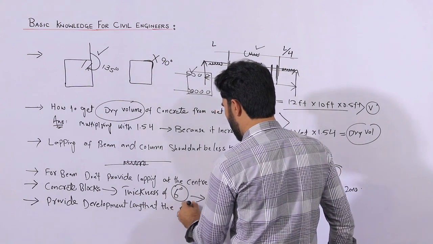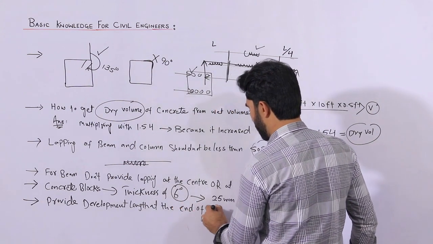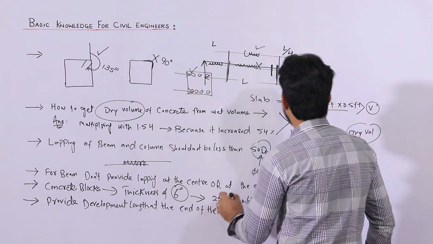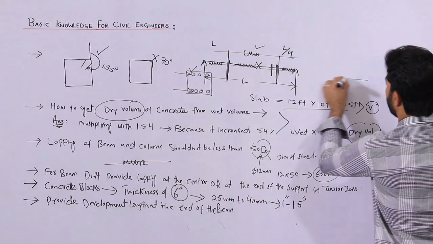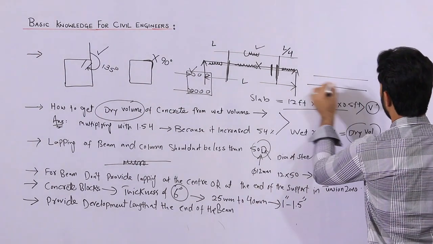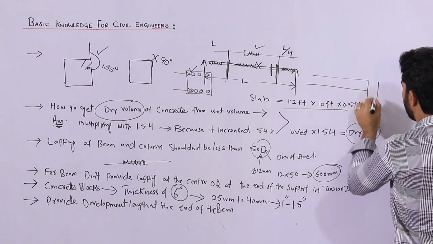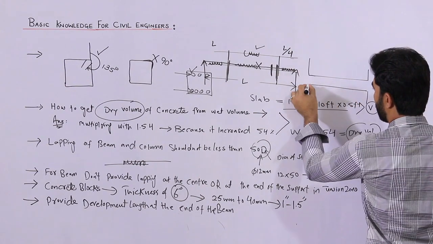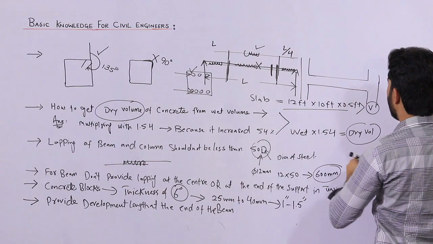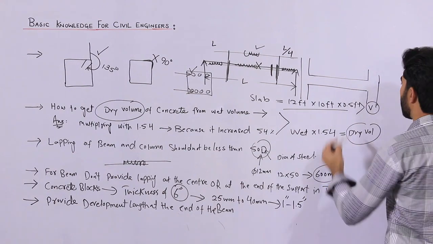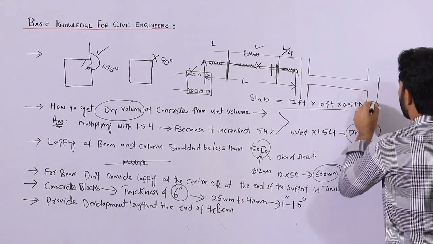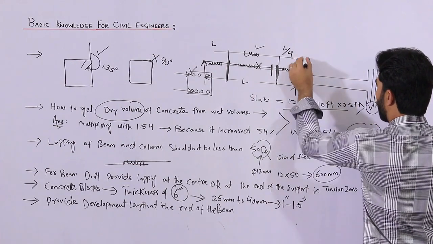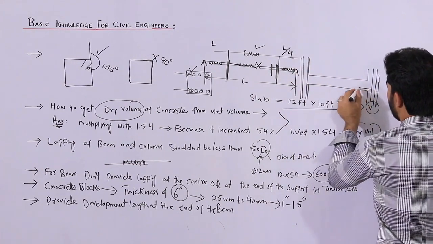How? You can see this is a beam and this is a column. When you are placing the steel rods, the longitudinal bars, these are the column bars and this is the beam bar.